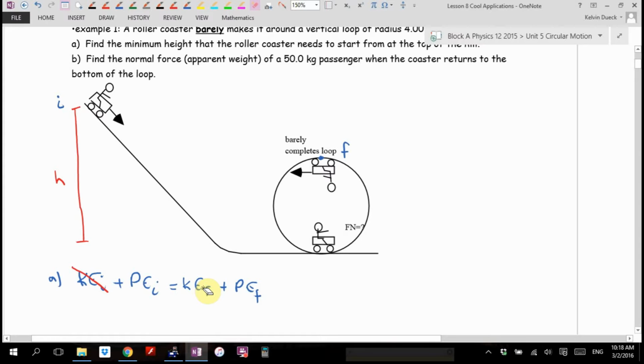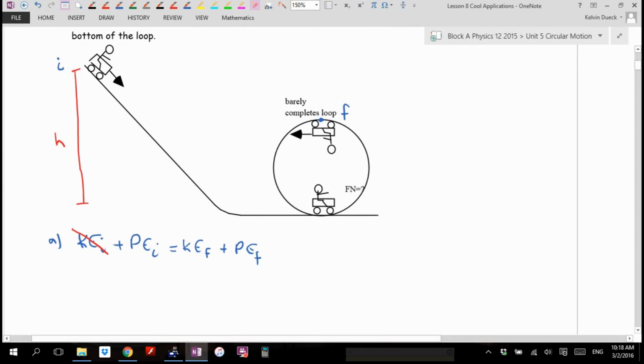That would be a problem. Did I say at the top of the loop? So that's not 0 either. Are we on the Earth? So I can use mgh. I don't need to use the cosmic one. So my next line: mgh initial equals a half m v final squared plus mgh final.